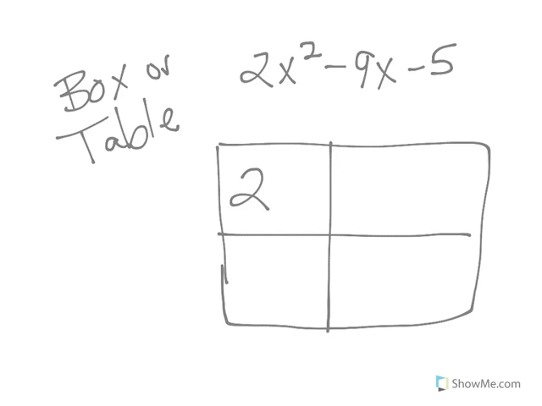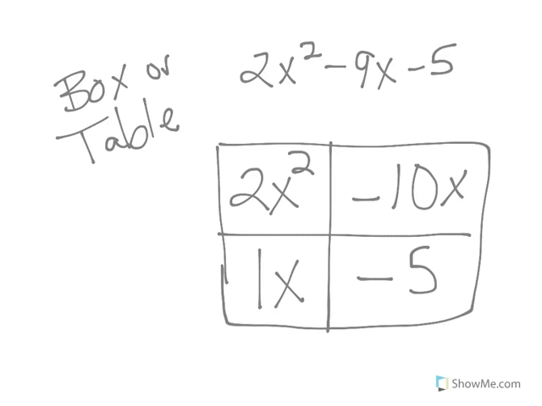We put our first term in the upper left-hand corner, and we put our last term in the lower right-hand corner. The other two boxes are left for our factors of the product a times c, and it doesn't matter which box you place those factors in. So I'm just going to put negative 10x here and a positive 1x here.